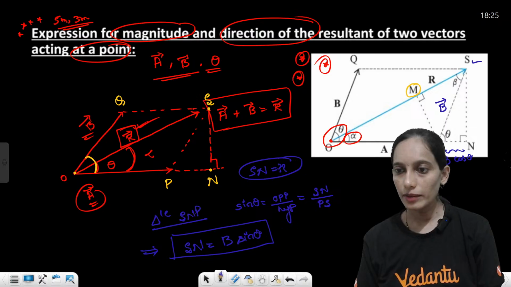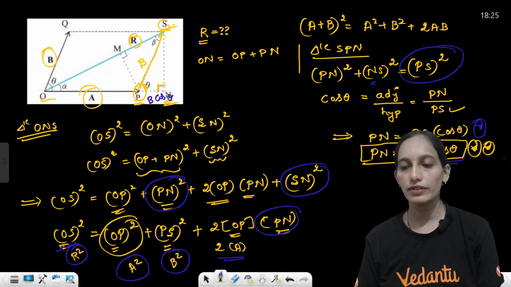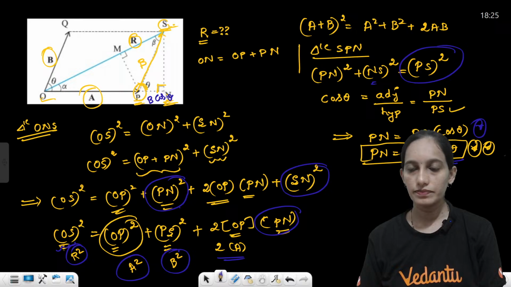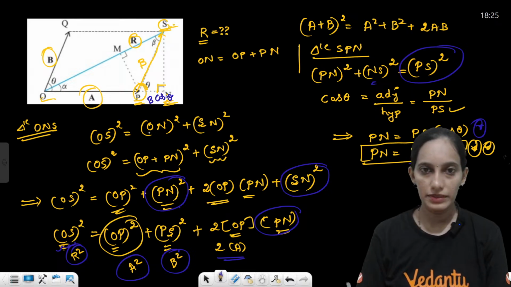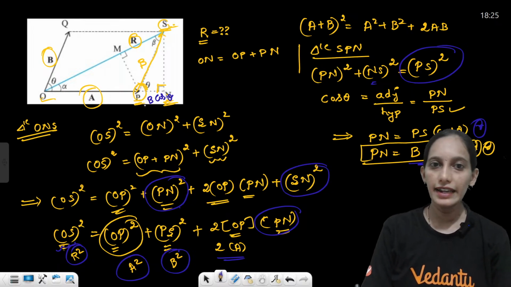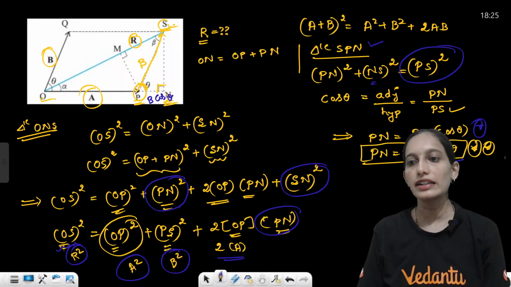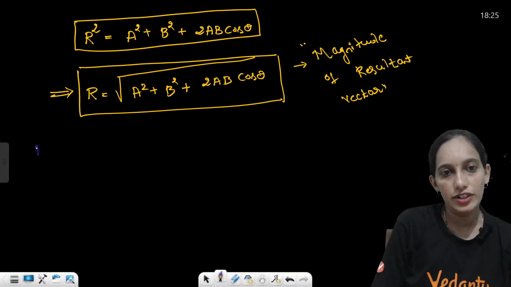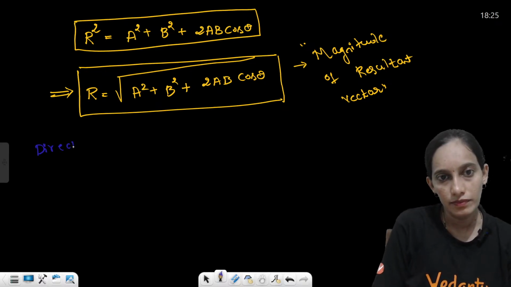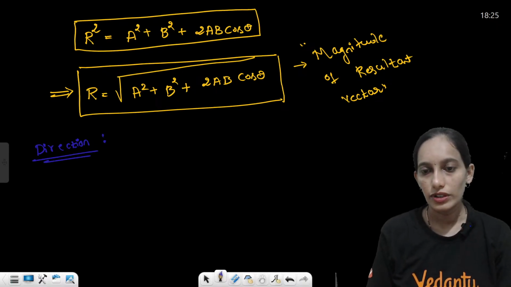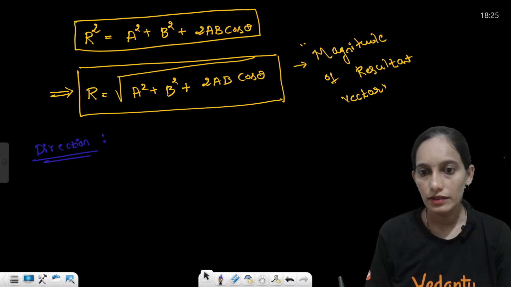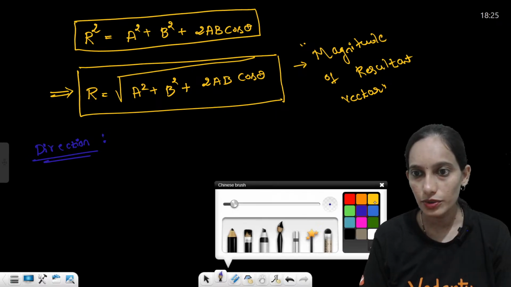From this we can get the direction of the vector. Again I will consider the same triangle and write down tan theta to get the direction of the resultant vector. Let me change the color.